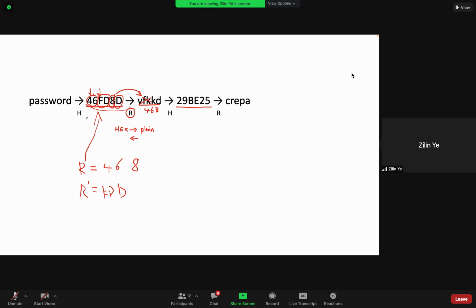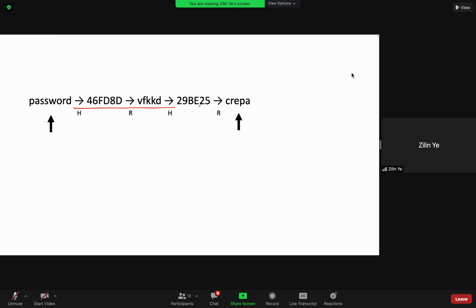And we just keep doing the same thing. So we have our initial guess, we hash it, we reduce it, and we have another plain text, and then we hash it, we reduce it, until we have reached the end. And this is the beauty of the hash chain, the interesting part about this hash chain. We are not storing all the intermediate values.